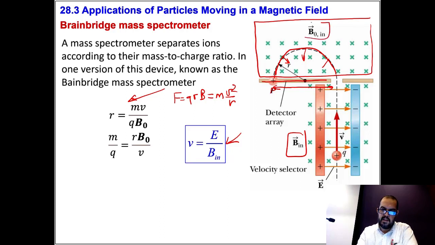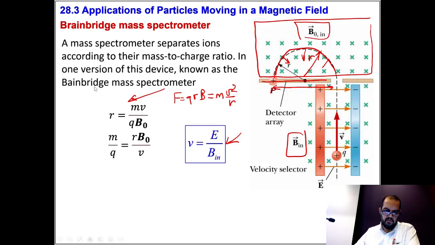Remember, B0 is the magnetic field magnitude in this region. Okay, so we can see that the mass divided by the charge is equal to the radius, so the radius is this radius here, R, times the magnetic field strength, B0, inside this region, divided by V.